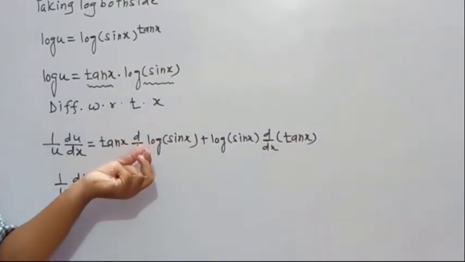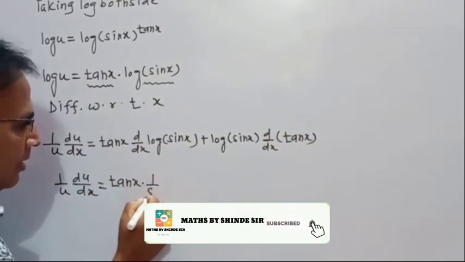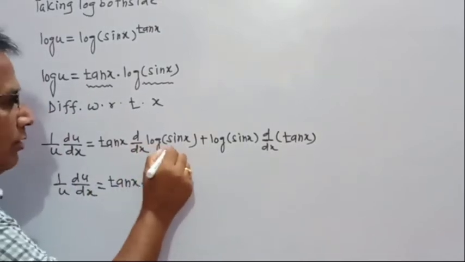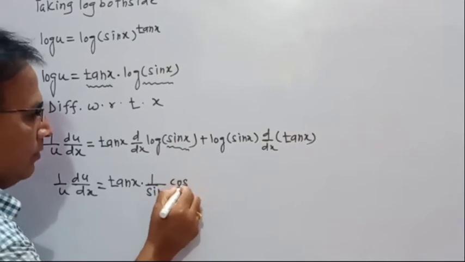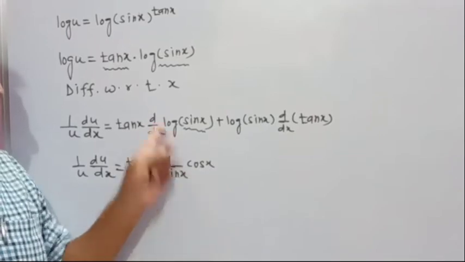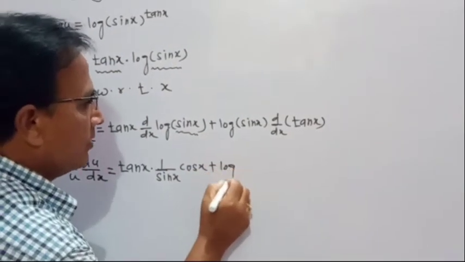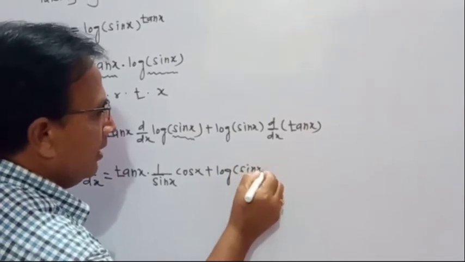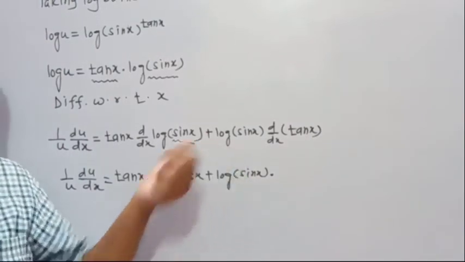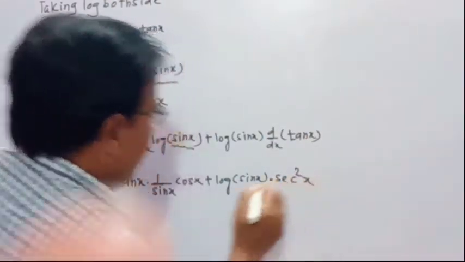Firstly, the derivative of log sin x is 1 by sin x and derivative of sin x is cos x, plus second term, log of sin x as it is, into derivative of tan x. What is the derivative of tan x? It is sec square x.